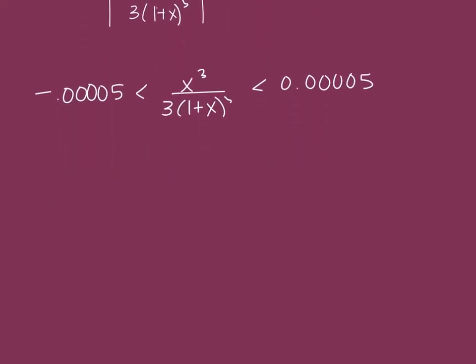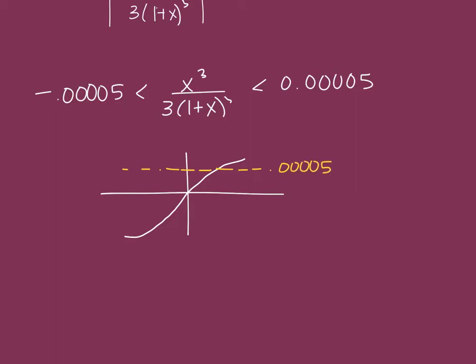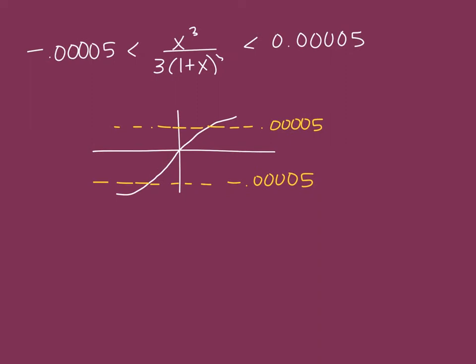I solved this with my calculator. That means I made a tiny little graph. The graph had this little piece that kind of came through like this. Here's the graph of 0.00005, and here's the graph of negative 0.00005, and I used my calculator to solve that.